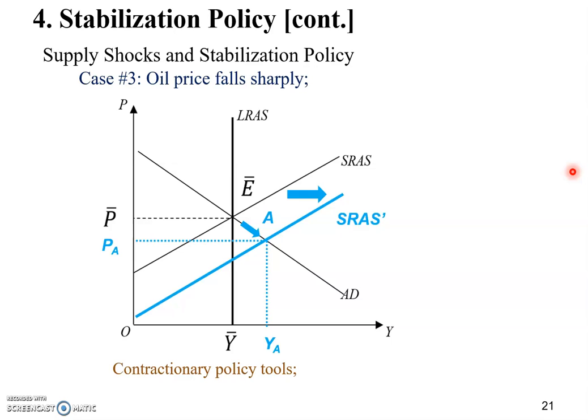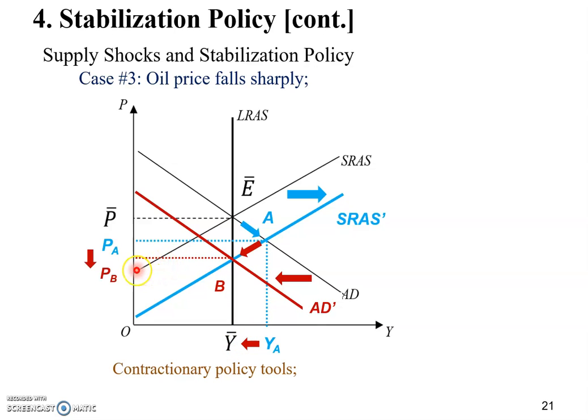If we do that, we could push the aggregate demand curve back to the place where the new intersection of AD prime and SRAS prime just crosses the long-run aggregate supply curve. At this new point, the output level goes back to the original one, Y bar.